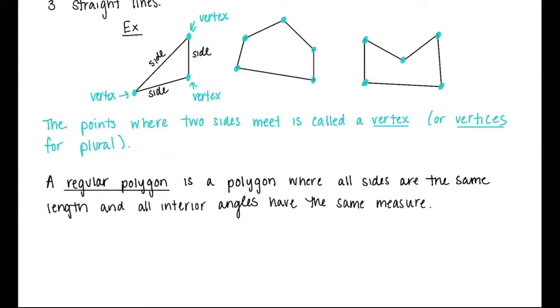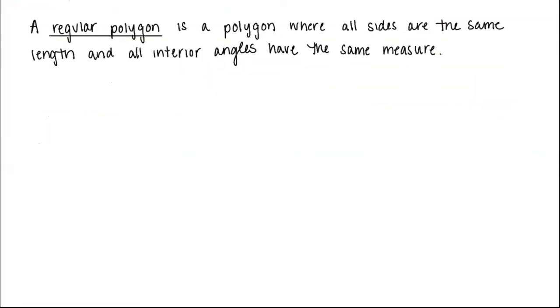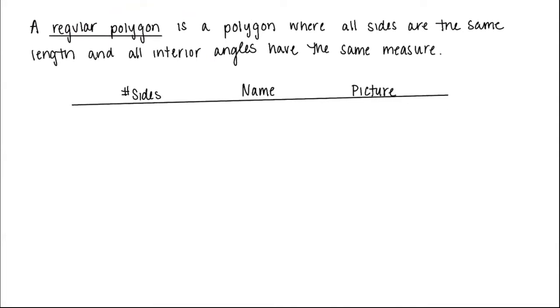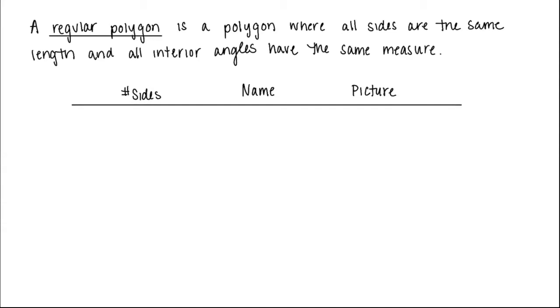Now, based on the number of sides, we have names for those types of polygons. I'm only going to go through a few, and I can fit it on this page, so that's good. Some of them you're used to, but these are the most general term I can give that object. And then for some of them, I can give you a picture. Other ones, not so much.